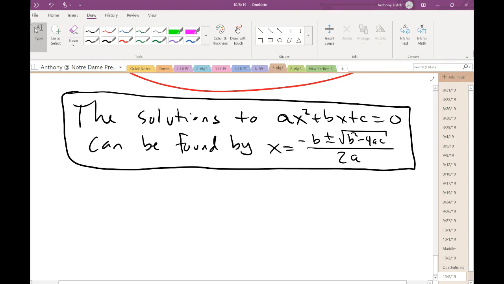So don't borrow someone else's because that's not going to help you when it comes time to use it again because you won't have someone else's calculator. Bring your own calculator next time because we're going to do some programming together and you'll definitely want this program moving forward. Okay?